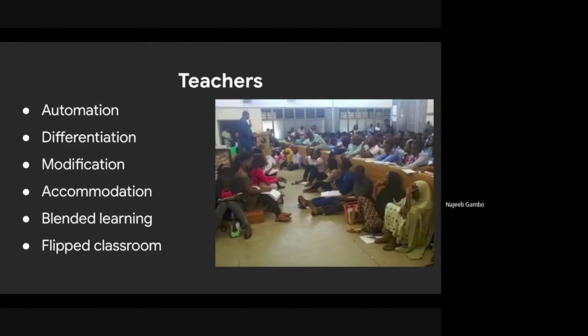So these are all tools. Google for Education provides automation, differentiation, modification, accommodation, blended learning, and flipped classroom. These are some of the features that teachers need to explore so that they can take advantage and help students so that they can excel.